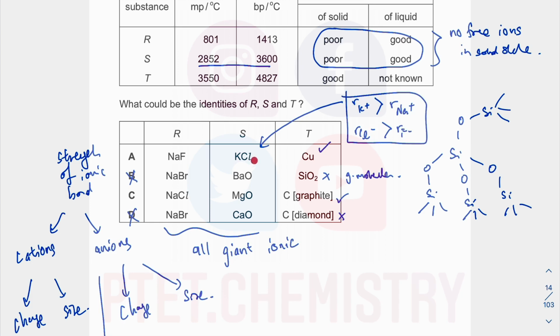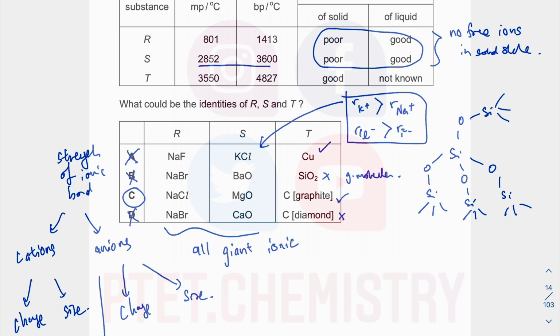So you can tell that KCl is going to have a weaker ionic bond than NaF. So KCl should have a lower melting point and boiling point than NaF, and that is not the case here. All right, S has a higher melting point and boiling point than R, so I can cross out A, meaning to say C must be the only correct option, because as you can see here, Mg2 plus has a higher charge than Na plus.